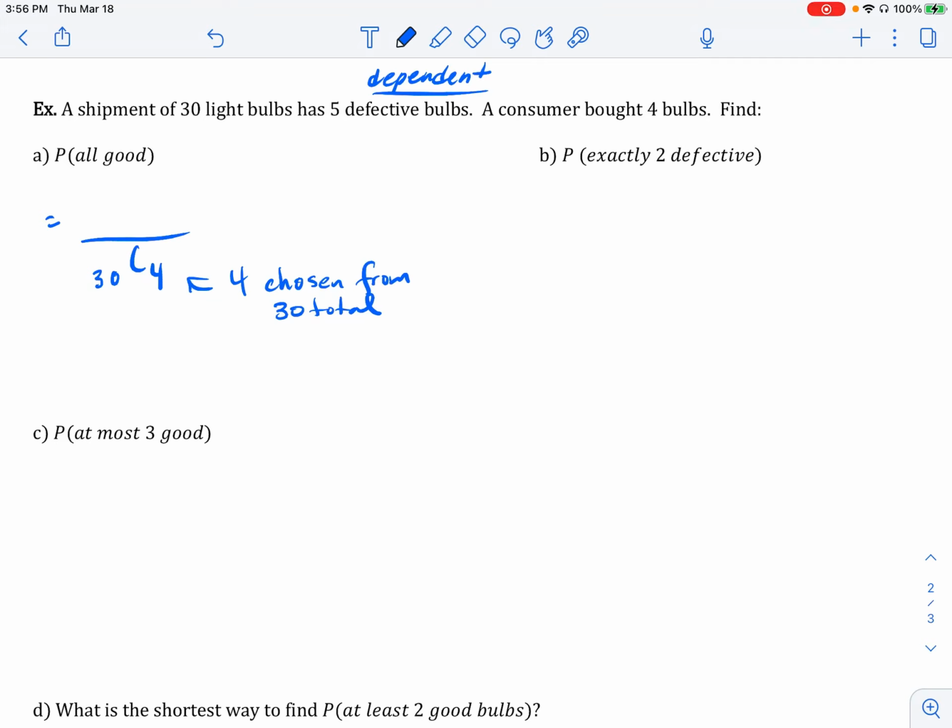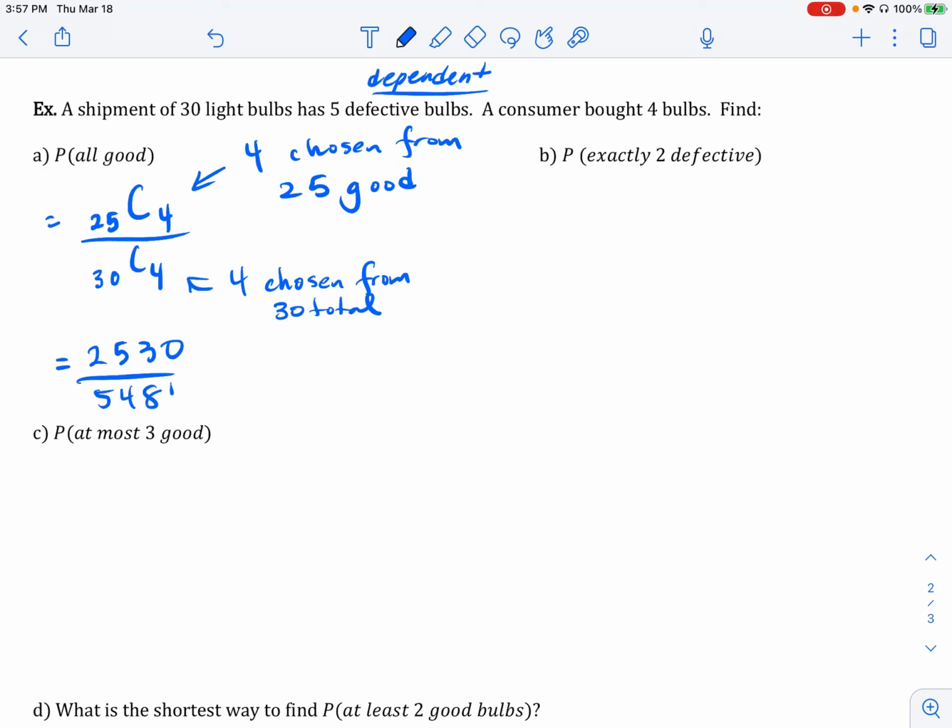So we're choosing 4 good bulbs from how many are good to begin with? 25 good bulbs are available. This is 4 chosen from the 25 good bulbs, right? I don't mean morally good, I mean they work, right? So this would be our probability here. If we simplify this, it comes out to 2530 over 5481. There's our probability, okay?